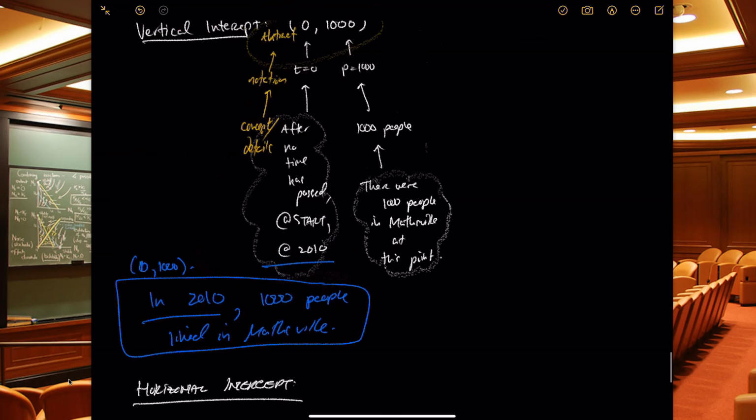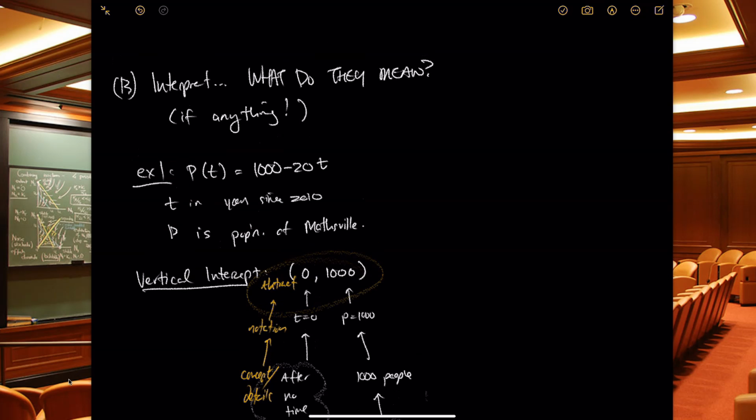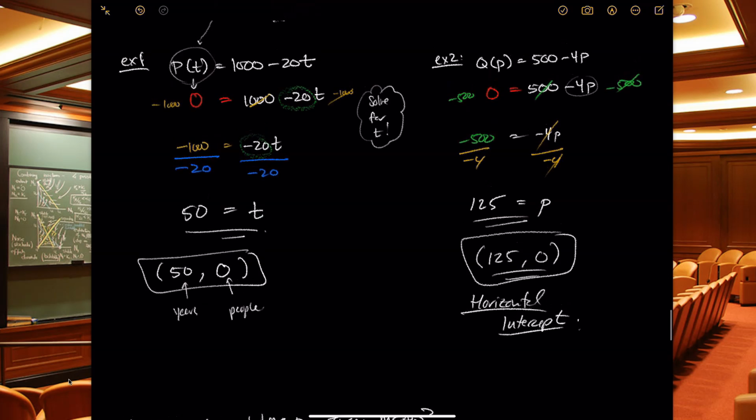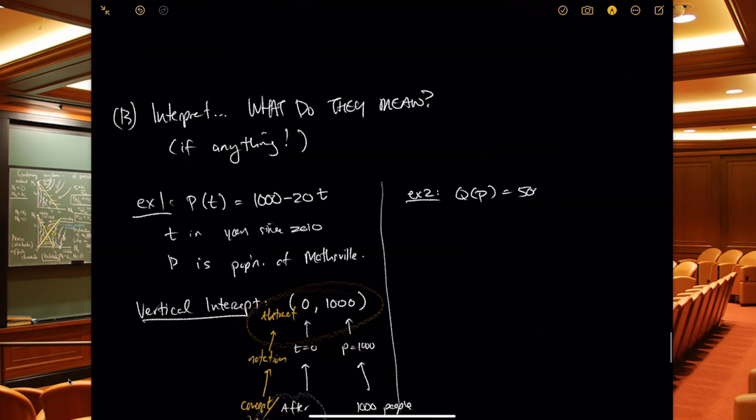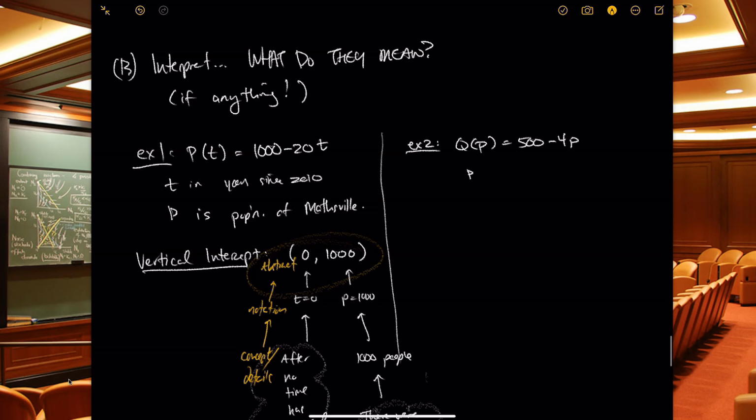Well, actually, let's go back and do the vertical intercept. Wow, keep goofing those up. Vertical intercept for the other example, which was Q of P equals 500 minus 4P. P is the number of people working on the job.